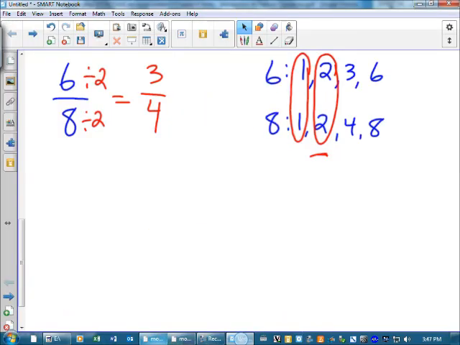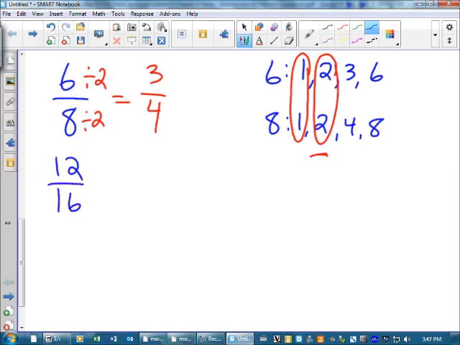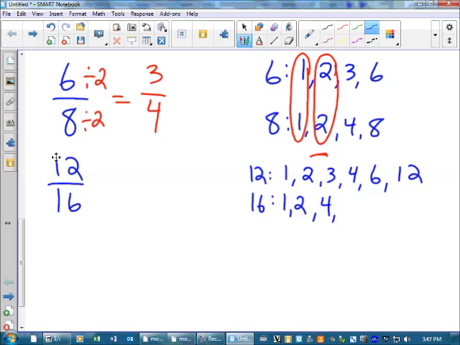12/16. Let's take a look at that one. So 12 over 16. And you're like, I don't know what to divide by. So let's identify the factors. For 12, we've got 1, 2, 3, 4, 6, and 12. For 16, we've got 1, 2, 4, 8, 16.